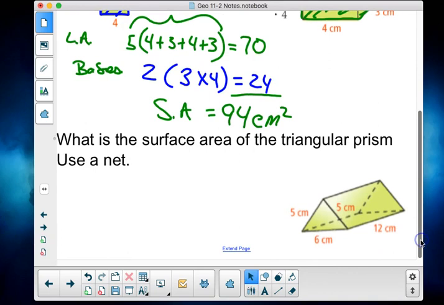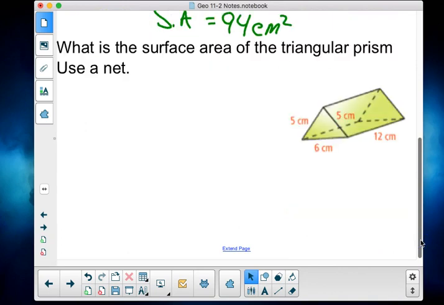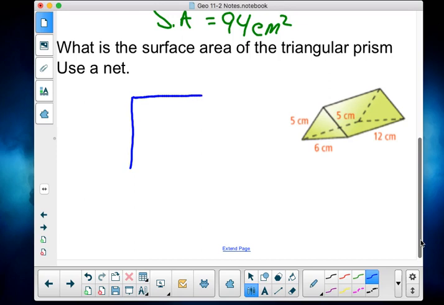Now, what is the surface area of the triangular prism here? There's a couple things I've got to work at. When I'm looking at this, I've got to unwrap my prism as a net. Doesn't have to be pretty, okay? Let's say that's 5. Let's say that's 5.